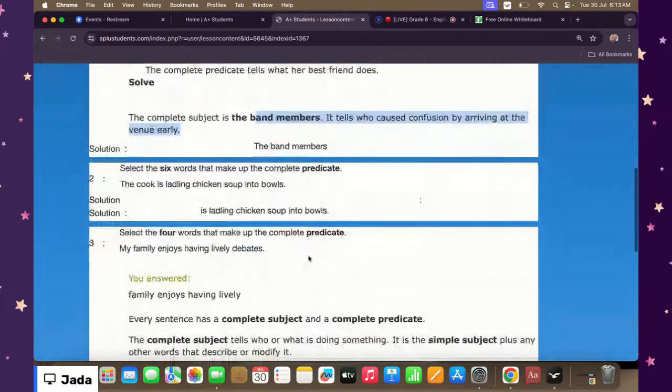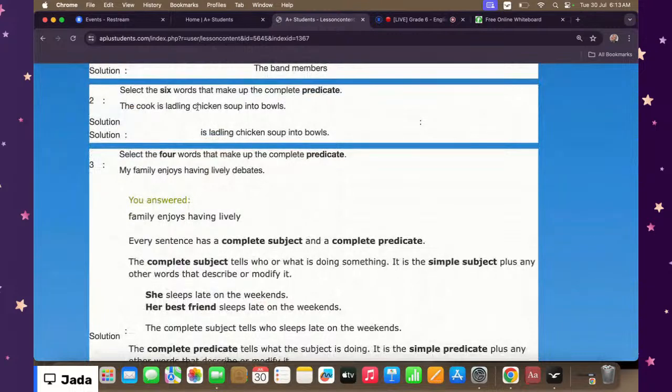Select the six words that make up the complete predicate. Now it's asking for the predicate. The cook is ladling chicken soup into bowls. What is the cook doing? First, you need to identify the subject here. The cook is the subject, and the other half of the sentence is the predicate.